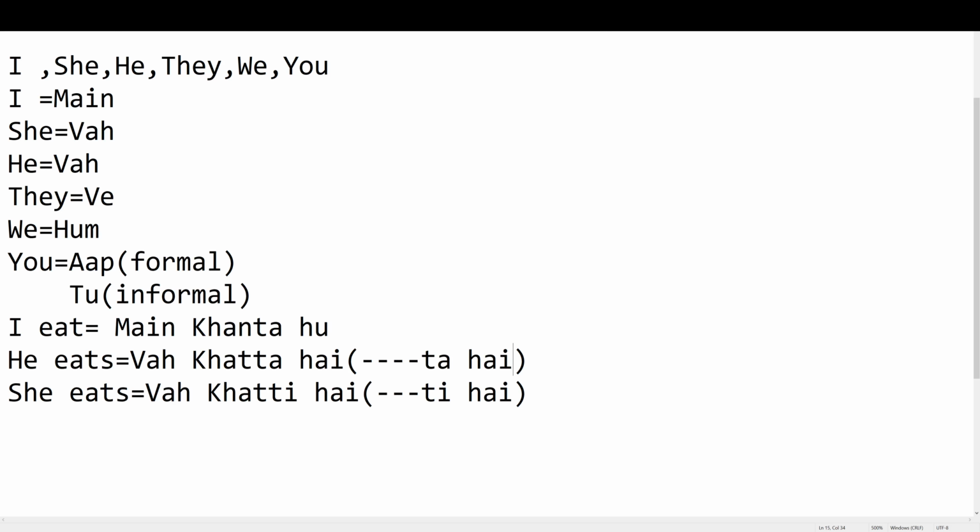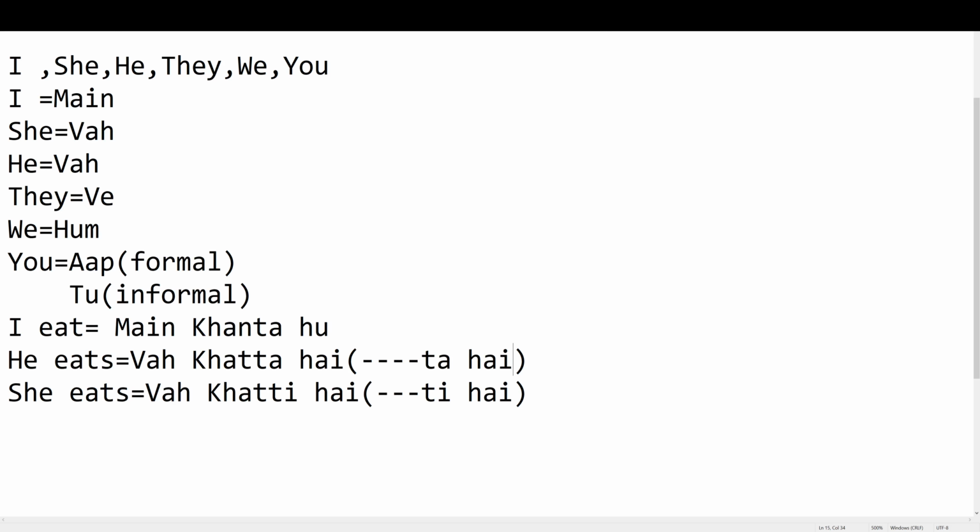For example, if instead of a subject there is a name, like John eats. At that time how will you say? John खाता है. Why John खाता है? Because John is male. That's why at the end there is ता in the Hindi sentence.